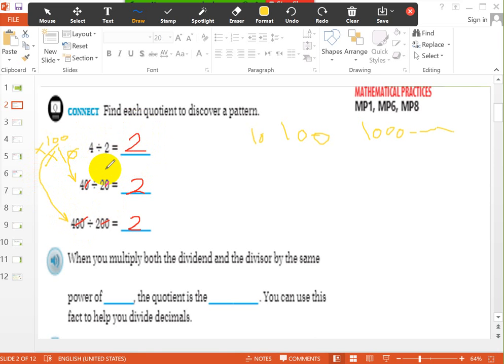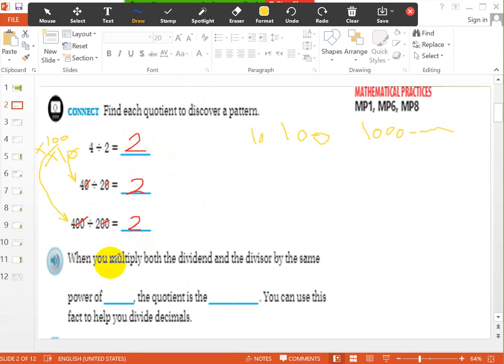So that means, look, 4 divided by 2, 40 divided by 20, 400 divided by 200 will give me the same answer too. Okay? I will use this property in our lesson when I want to divide a whole number by a decimal number.